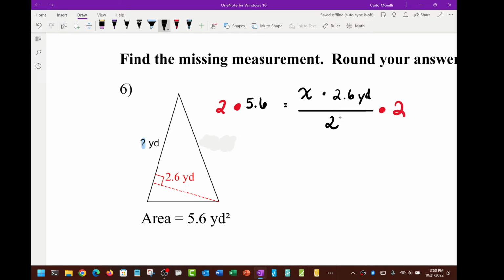Well, because it's really helpful to cancel that 2 out. Okay, so I got to do a little math on the right. 5.6 times 2. I get 12, 1, 10, 11. And I have a decimal here. So it's 11.2.